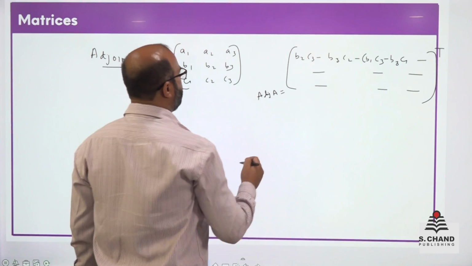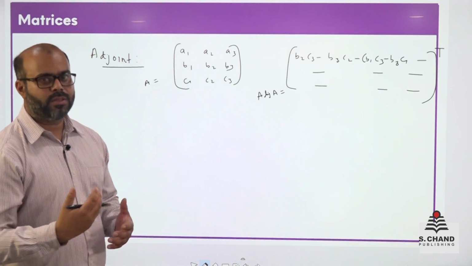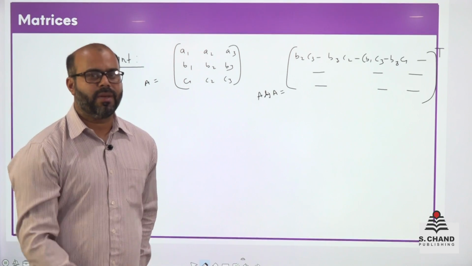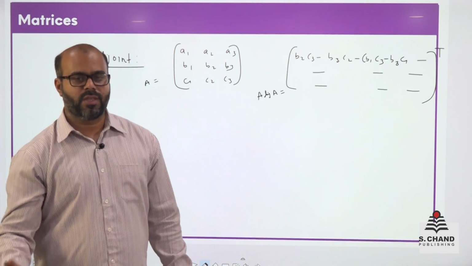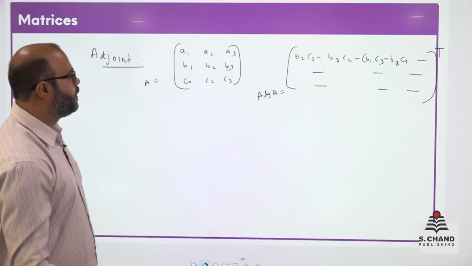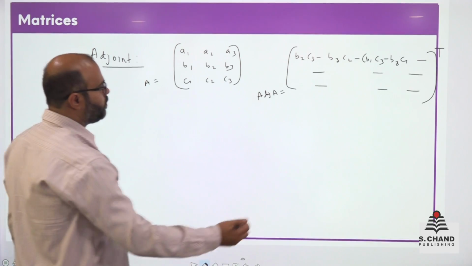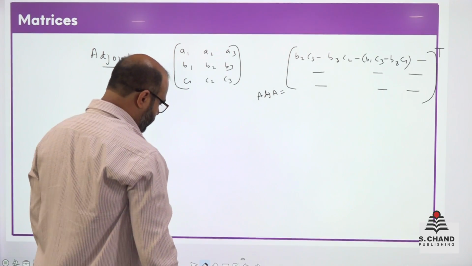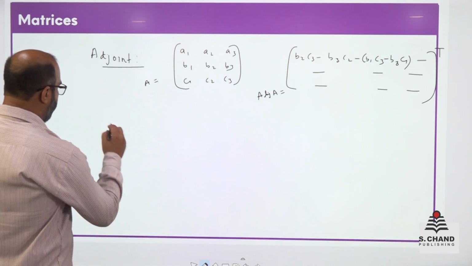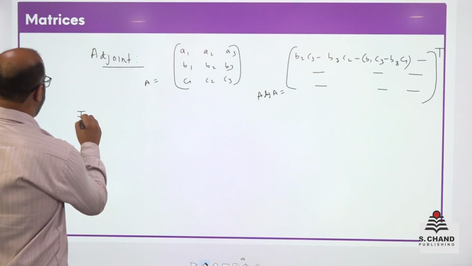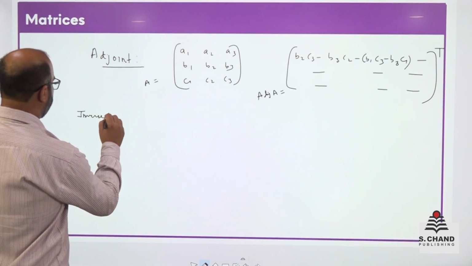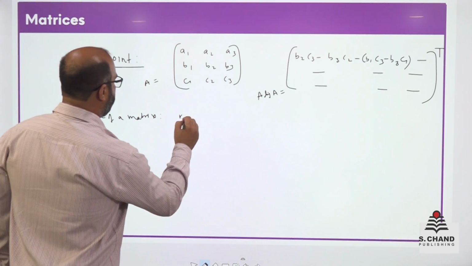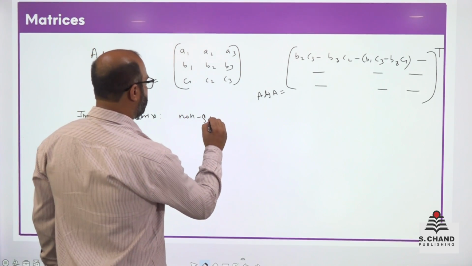That is, when you take the cofactors of the elements of a matrix and put them in their corresponding places and then take its transpose, that is called the adjoint of a matrix. Inverse of a matrix: there is a very important formula for the inverse of a matrix. If it is a non-singular matrix, what is a non-singular matrix?